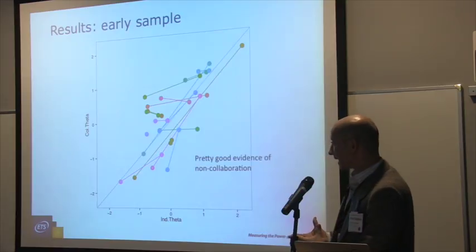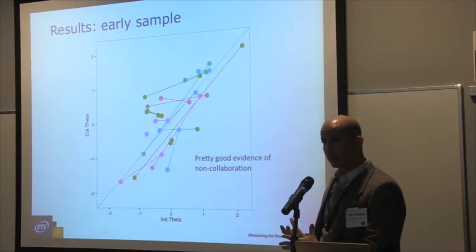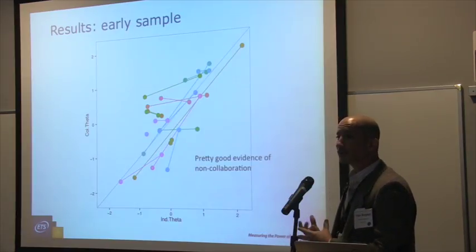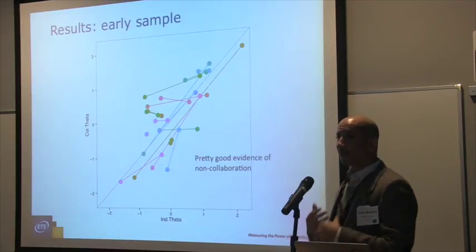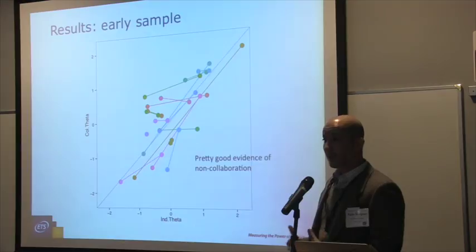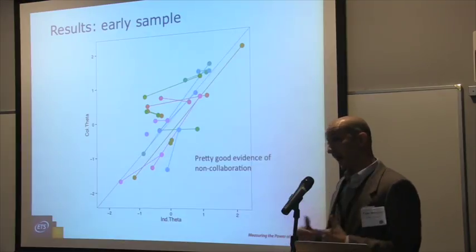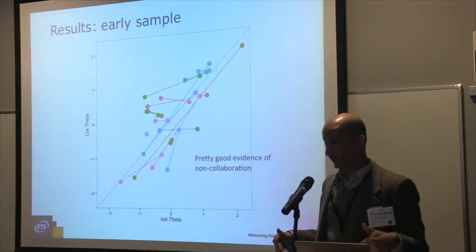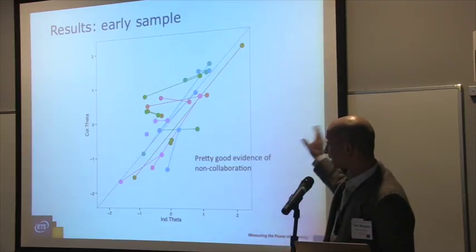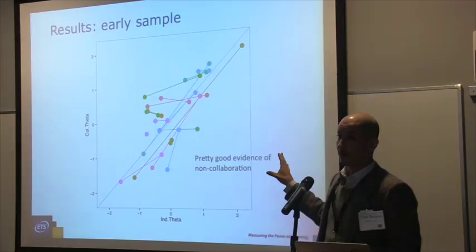On the horizontal axis is this measurement of an individual's ability, and on the vertical axis is the measurement of ability from the collaborative test. Now, if both partners in a collaborative test gave all the same answers, then they should have the same collaboration ability, though they had different individual values. And the colors and the lines connecting the points show you the pairs.